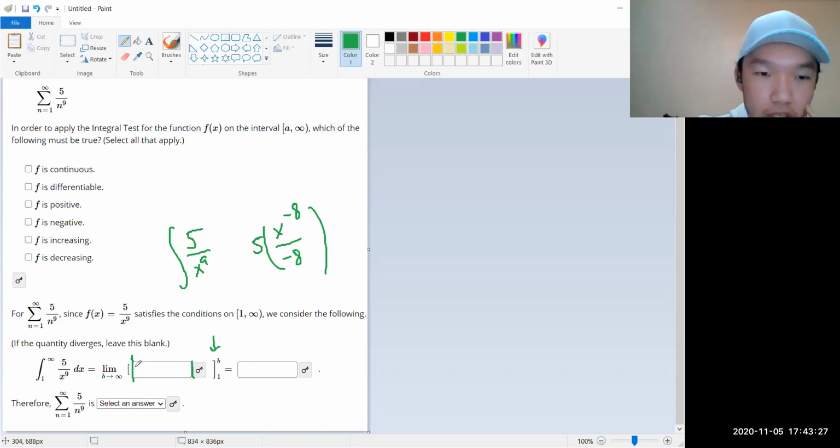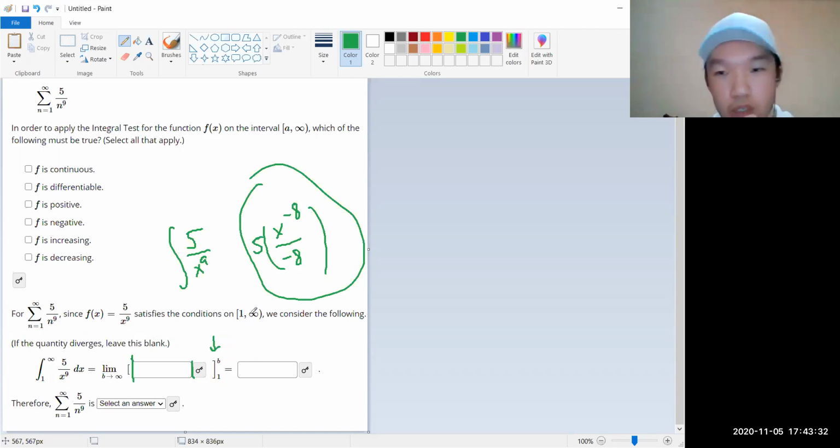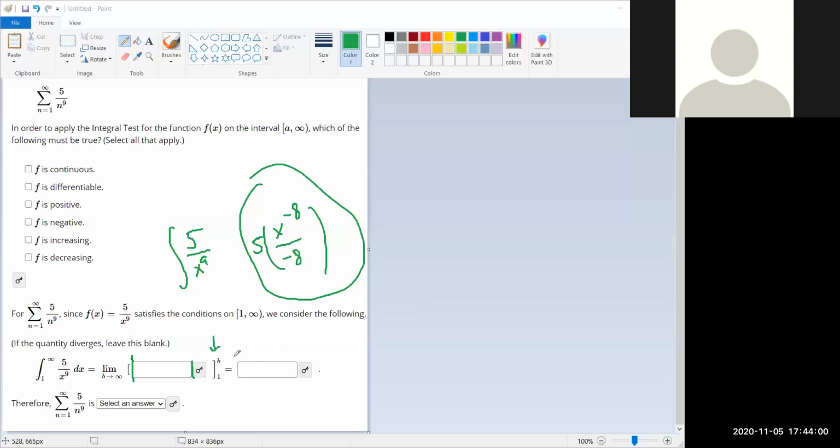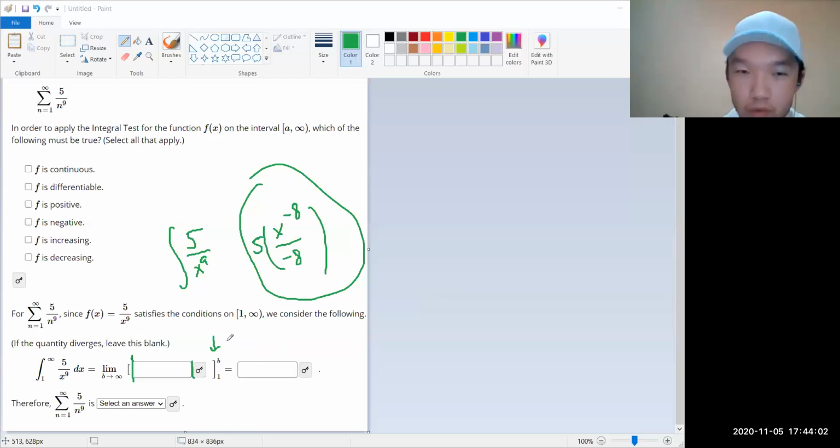So they're saying the integral is going to be this evaluated from 1 to b. Hopefully that cleared it up.